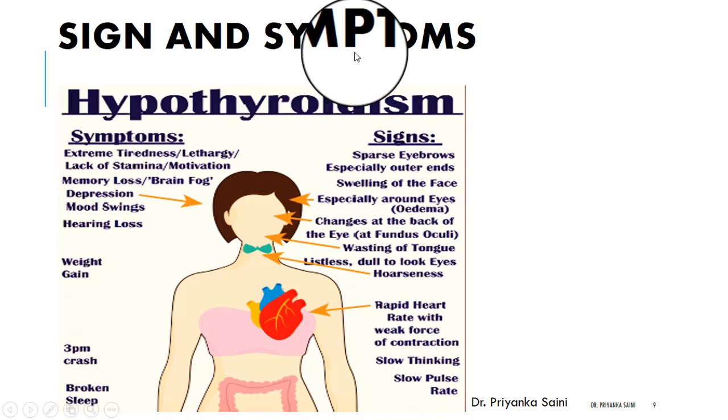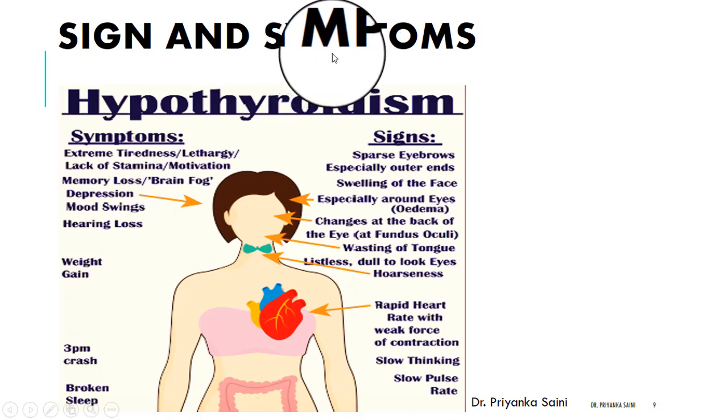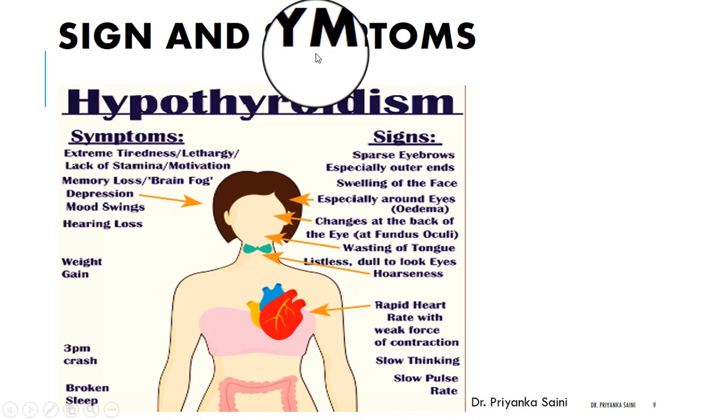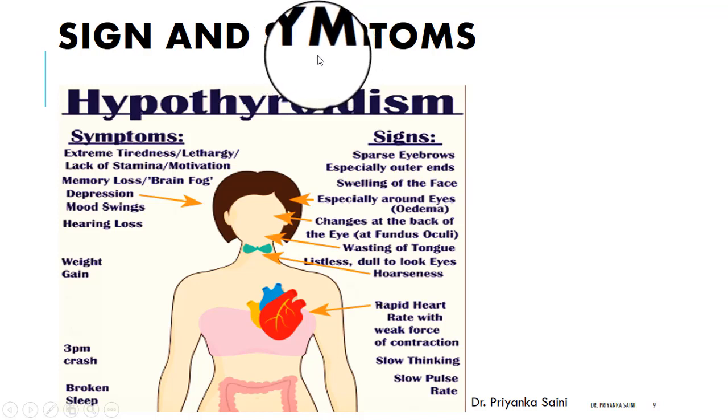Other symptoms: a large protruding tongue, difficulty in breathing, that is dyspnea, hoarse crying, and lastly, an umbilical hernia.